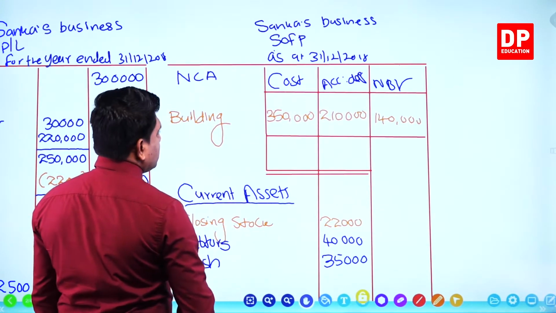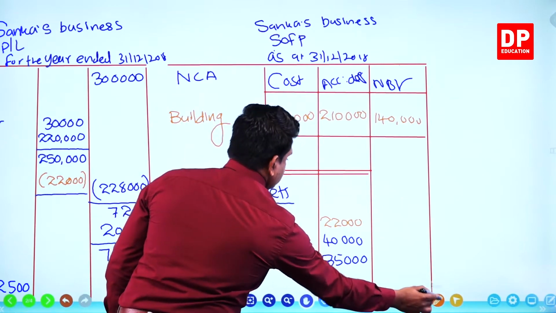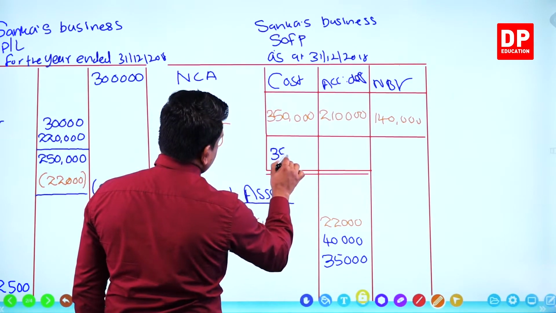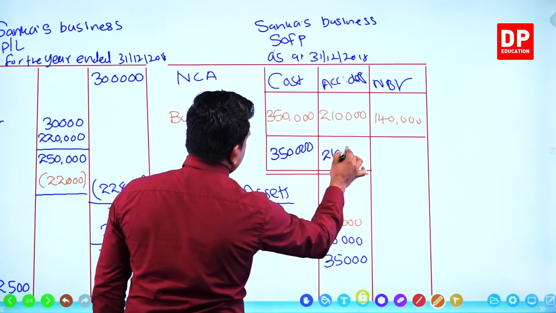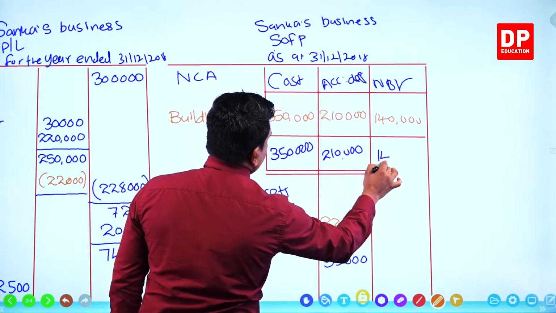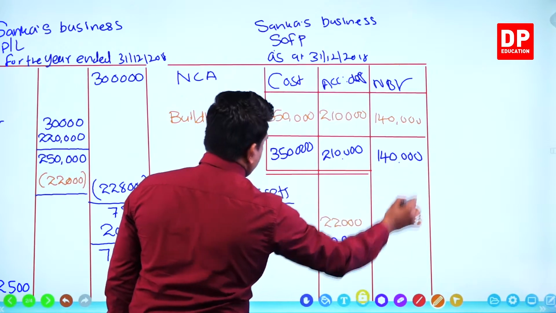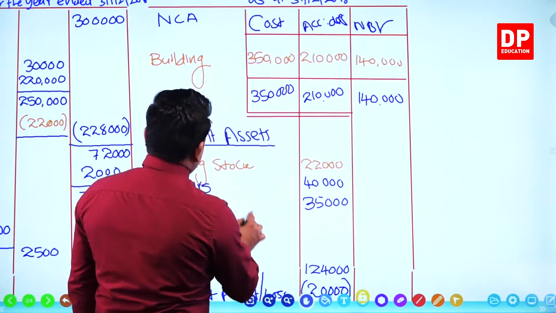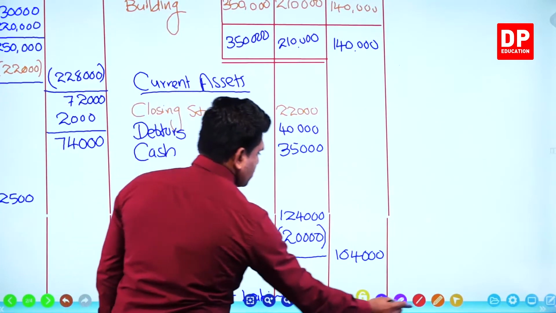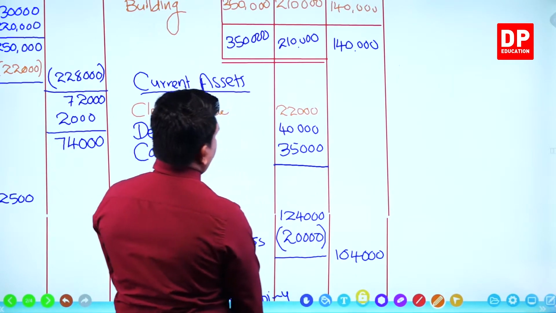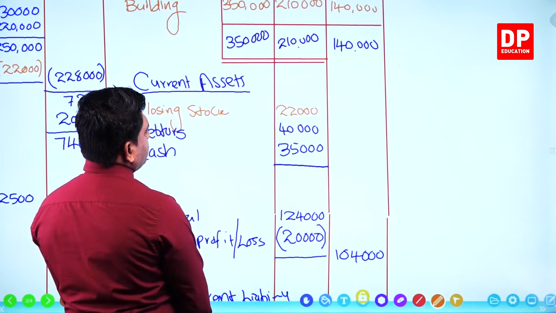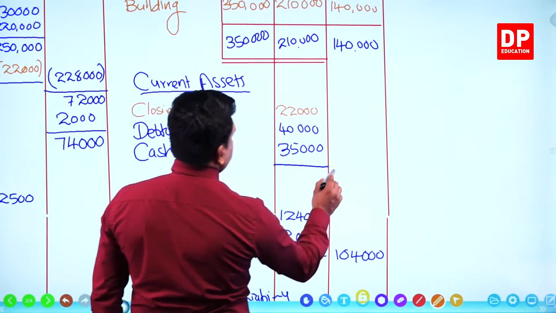Building 350, 10,000, here 40,000, right? Now you get the total of this: 35, 75, 95, 97, right?